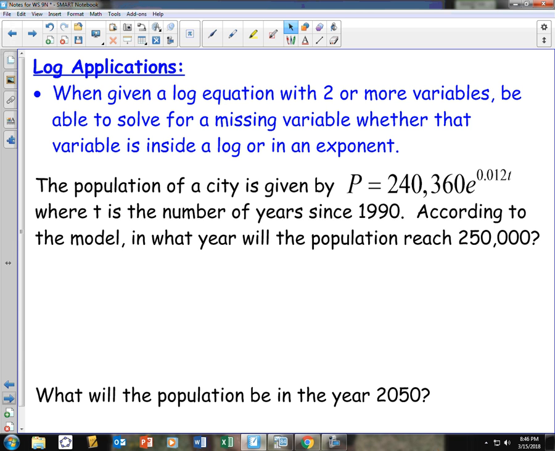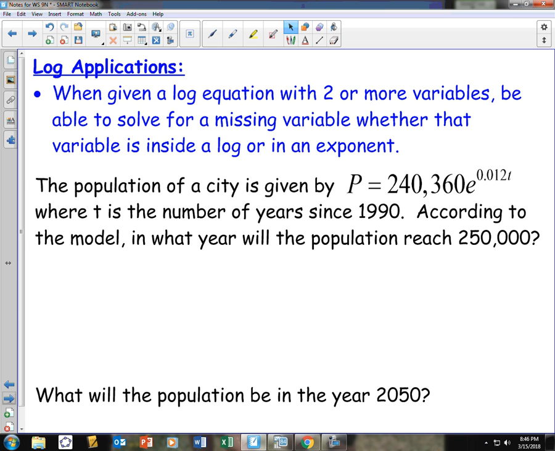So the population of a city is given by this equation. Notice it is exponential growth. It is base e, continuous growth, where t is the number of years since 1990. According to the model, in what year will the population reach 250,000?